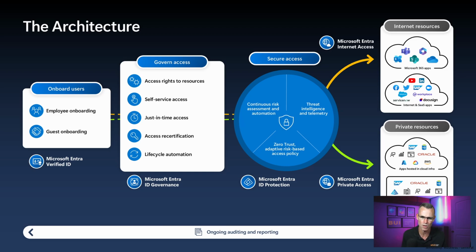And then the third scenario is securing access to any application resource with risk-based policies or controls. That also includes internet-based resources like your SaaS solutions or Facebook, right? Yeah, we can put conditional access around social media sites, but we'll take a closer look in our demos on that.